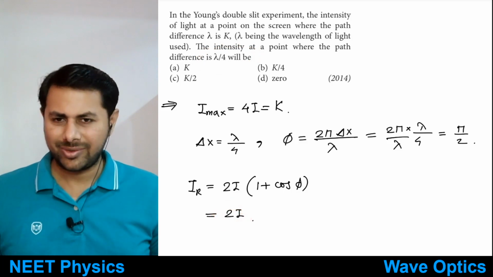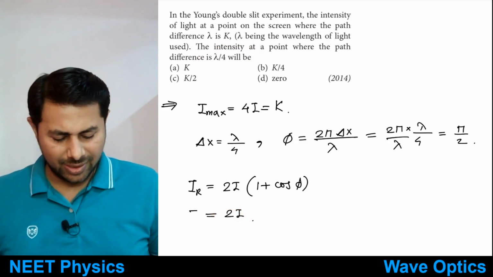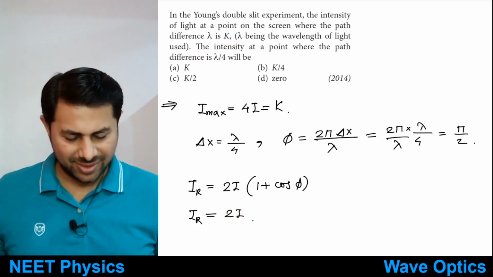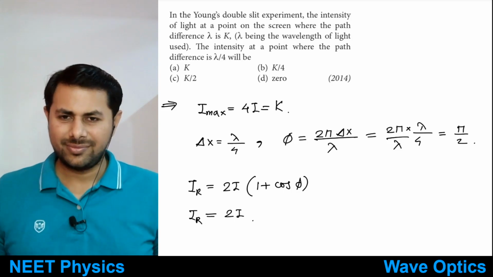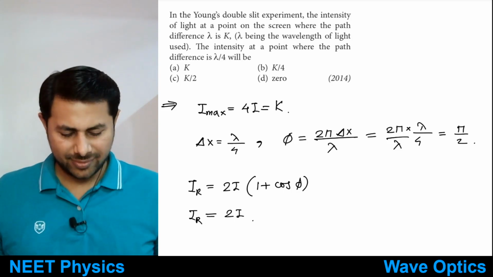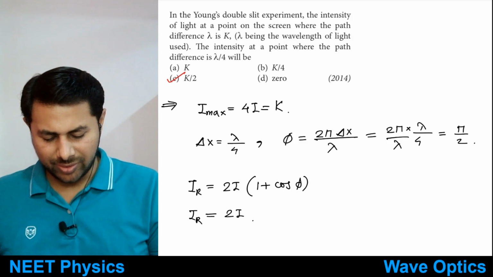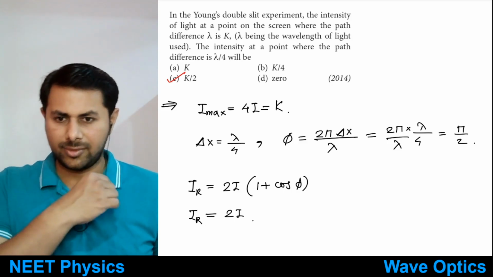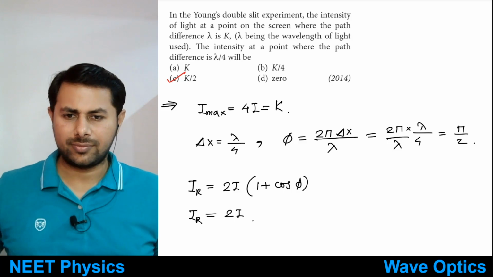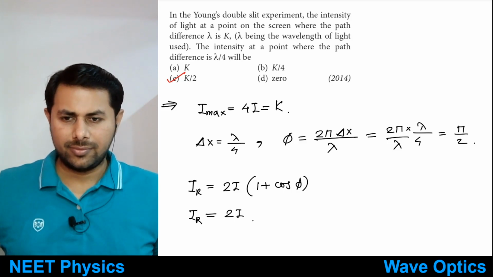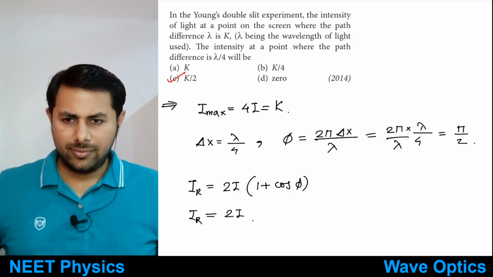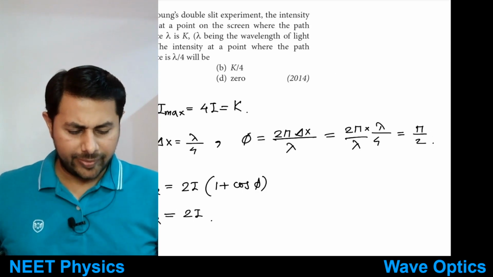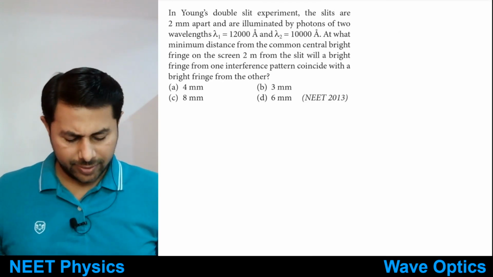So this is half of the maximum intensity, right? Okay, this is equal to k by 2. This is clear? Yes, no? Okay, good. Let's see next one.